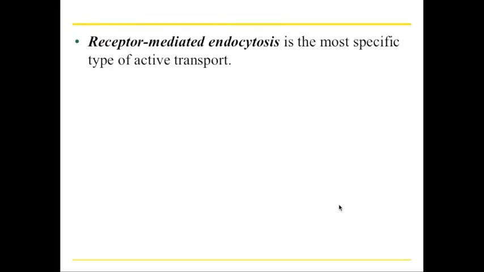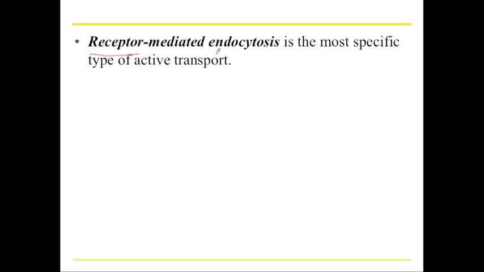The third type is the most specific type of active transport, and that's called receptor-mediated endocytosis. Receptor-mediated, what does that mean? Well, a receptor is something that you have on the surface of a cell. On the cell surface, you're going to have like a little flag, and with this little flag, you're able to catch certain kinds of molecules.